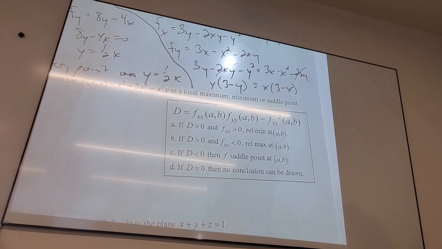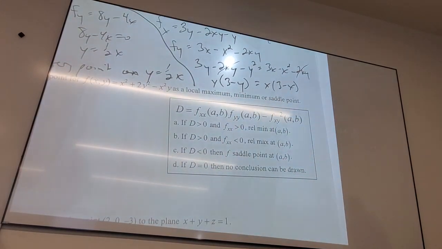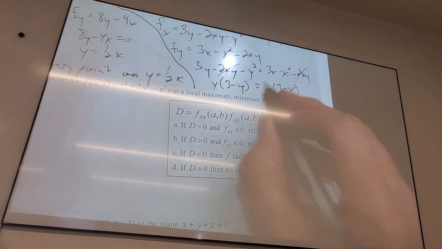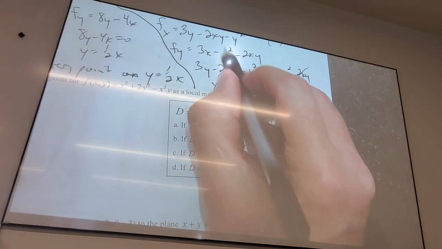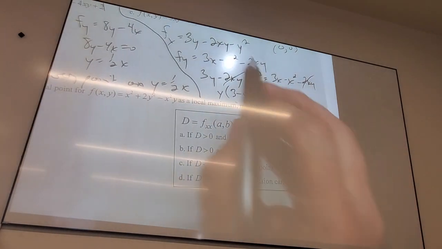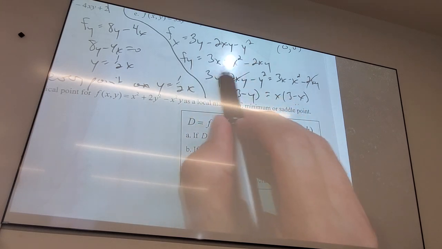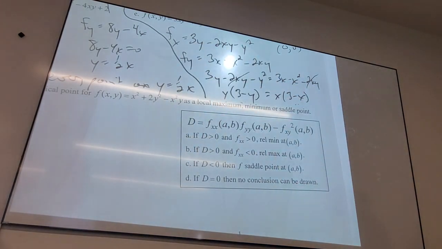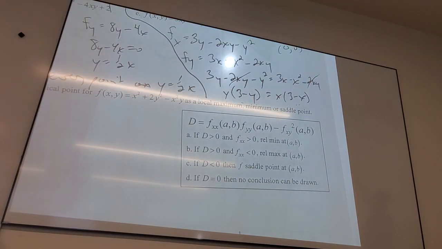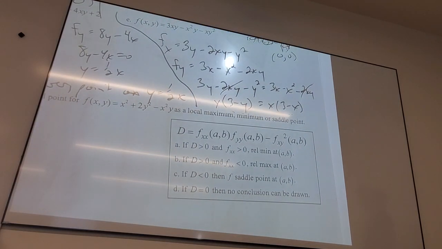So let's see. If I make those both 3, like several of you guys have told me, then both of these equal 0, but did both of these equal 0? No. Now obviously if x and y are both 0, these are both 0. Is that cool? Because every term has an x or a y in it. So if x and y are both 0, 0, 0 is definitely a critical point, because it makes both fx and fy 0.